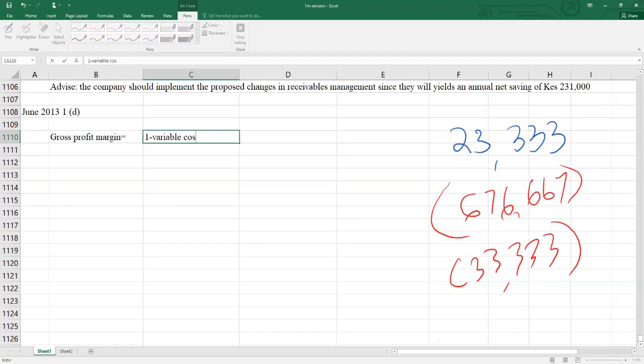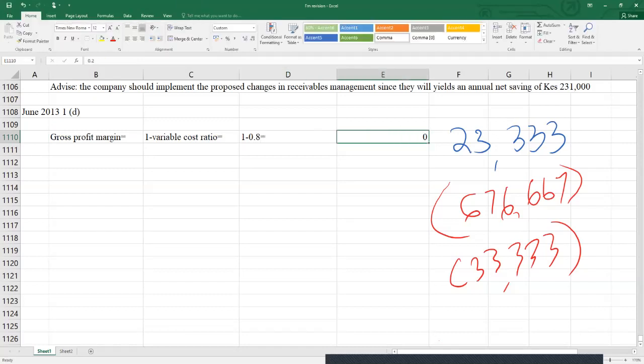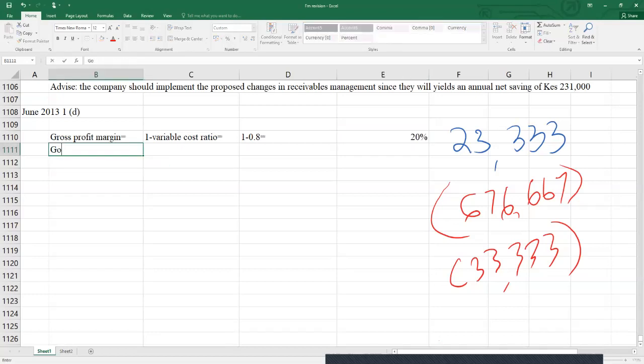Variable cost ratio is 80%, so 1 minus 0.8 gives 0.2. Therefore the gross profit margin for this company is 20%. Then we can get the gross profit increase.